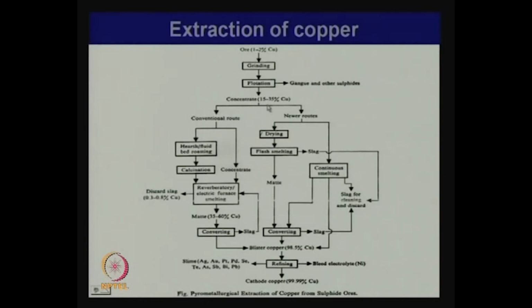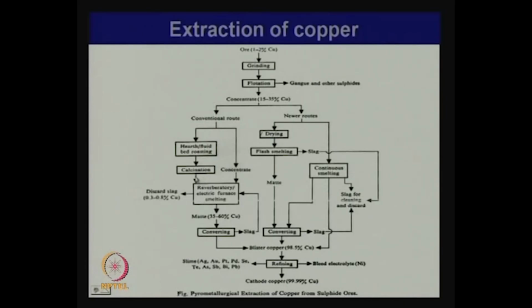Then the conventional route has 3 main steps. One is roasting, then reverberatory smelting and converting to finally get an intermediate product called blister copper, which on refining will produce cathode copper, very pure, and a whole lot of byproducts in the slime recovered.